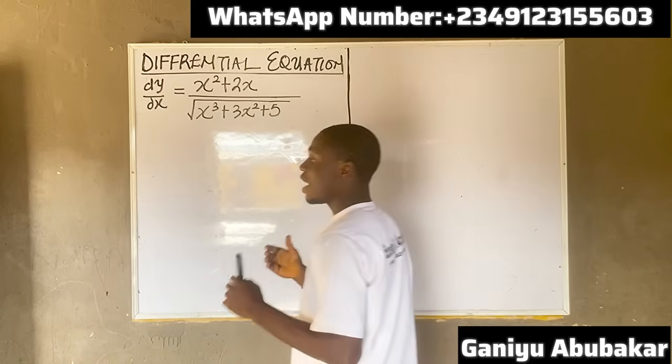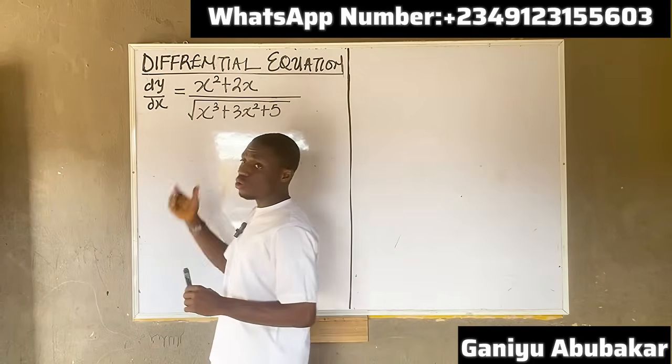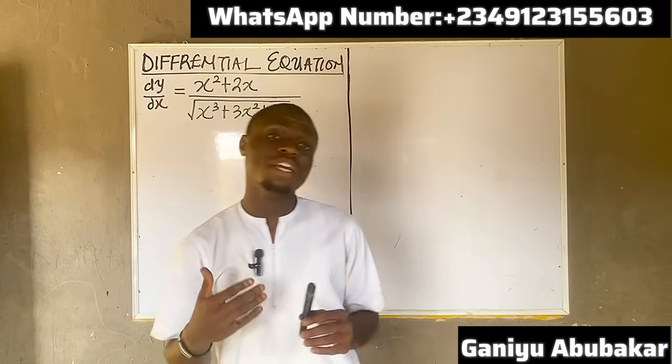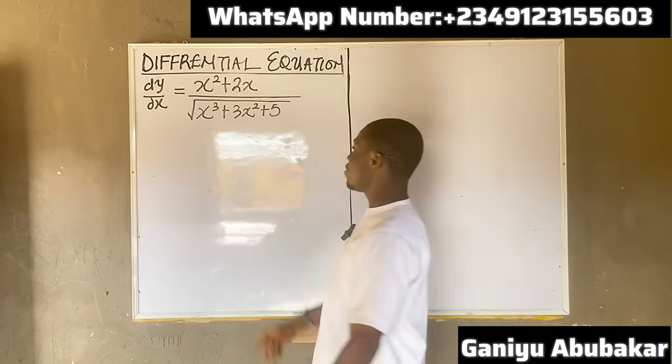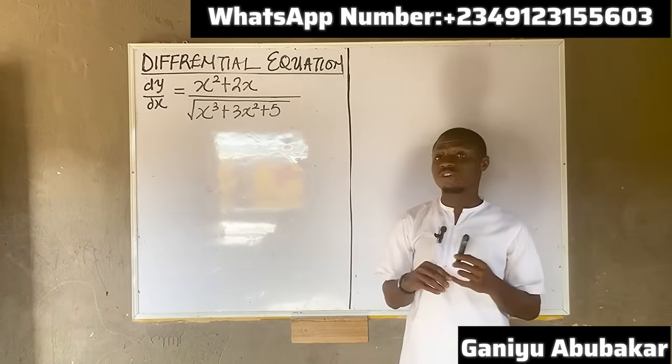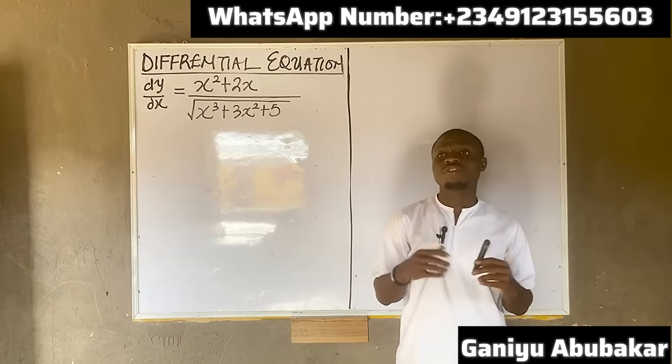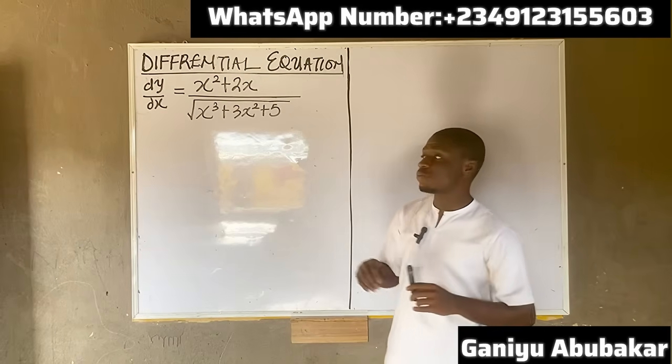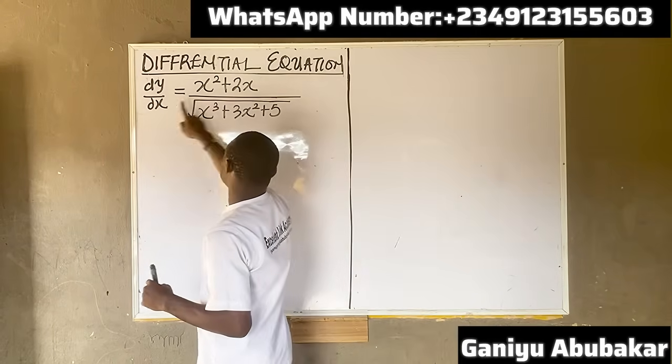Why? Because I have dy over dx equal to something in terms of x. So everything here is in terms of x. So how do you solve a problem of this nature? First things first, it's easy, we take the dx here.